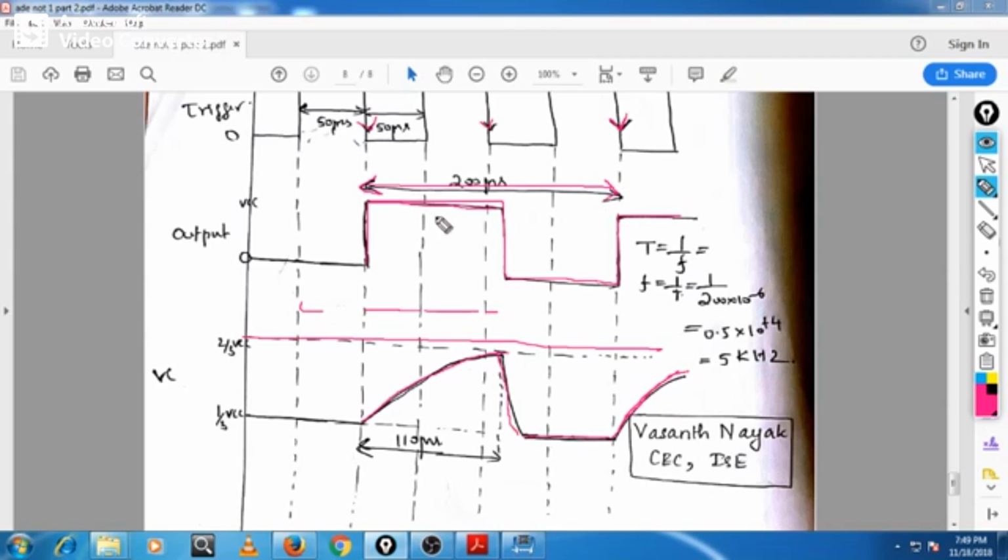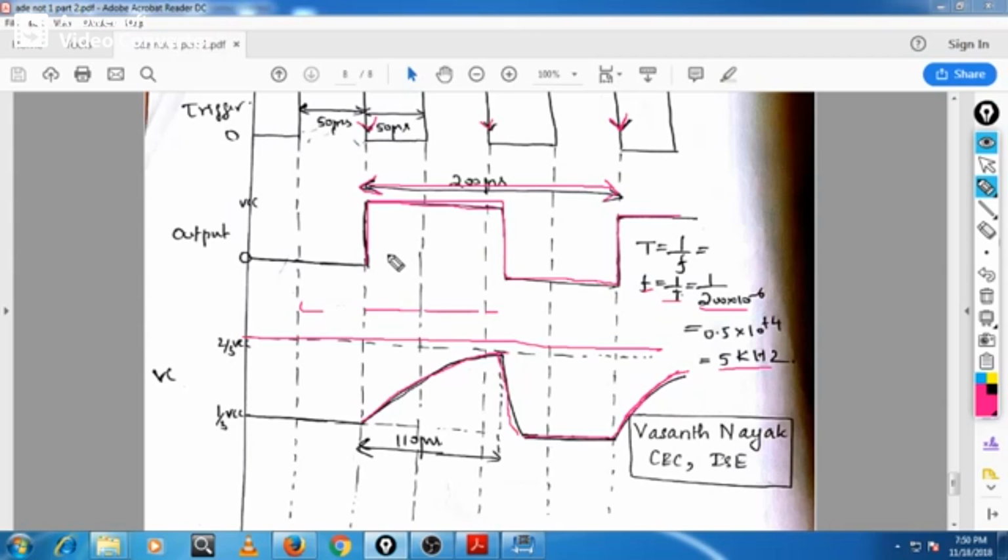What is the total time period of this output waveform? If you calculate, it takes 200 microsecond. Frequency is 1 by T, so 200 microsecond gives 5 kilohertz. You can calculate the duty cycle also.